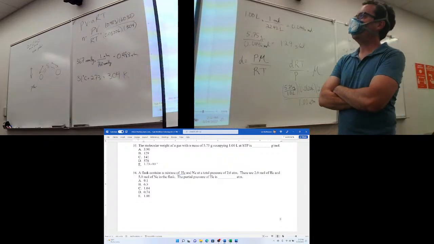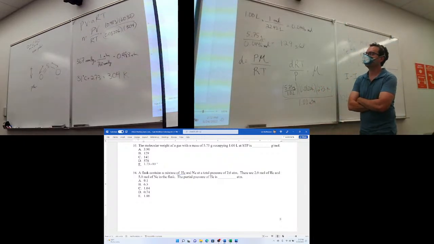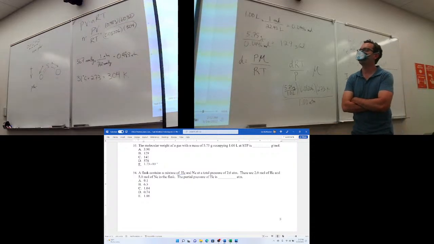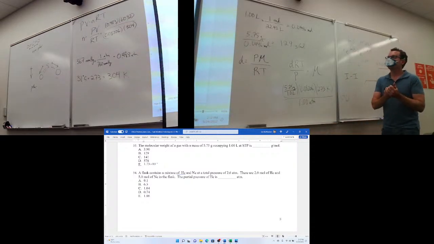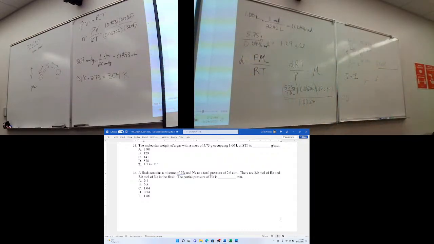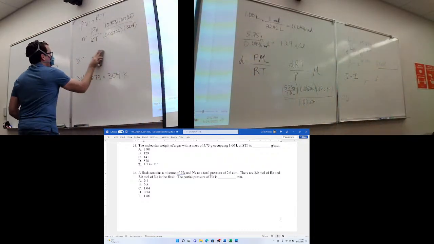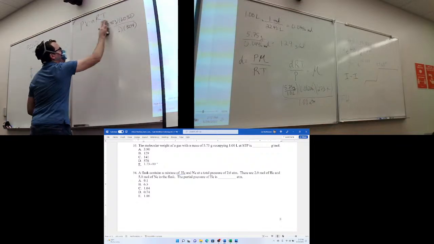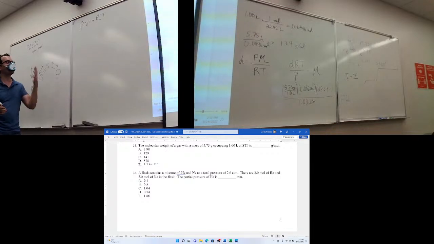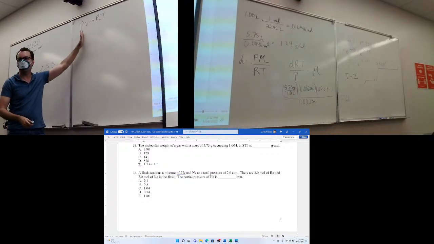34. A flask contains helium and neon at a total pressure of 2.6 atmospheres. There's 2 moles of helium and 5 moles of neon. The partial pressure of helium is what? So, partial pressures, there's usually multiple routes. When you're thinking about partial pressure, the way you calculate a partial pressure is exactly the way you calculate a regular pressure.